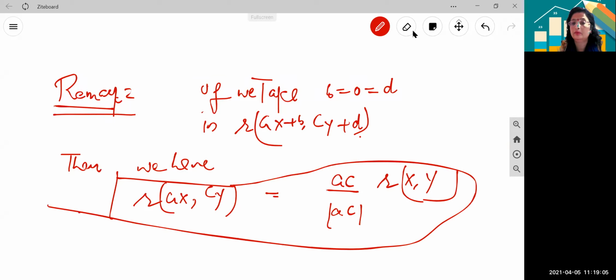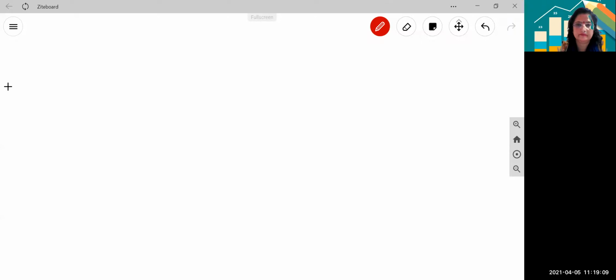Now we will move to property number 4, or theorem number 4.